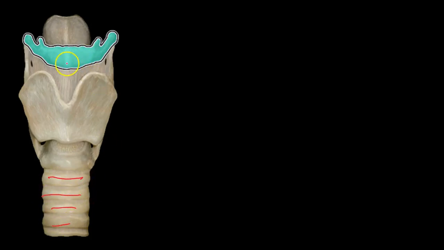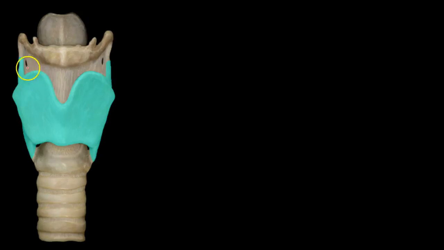But what is this one? This is actually the hyoid bone. So the hyoid bone is going to be found above the thyroid cartilage. Okay. Next, you can see this is our hyoid bone.